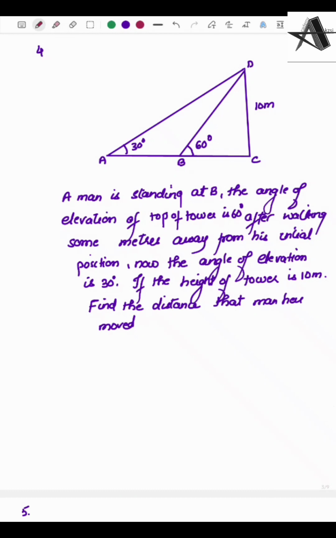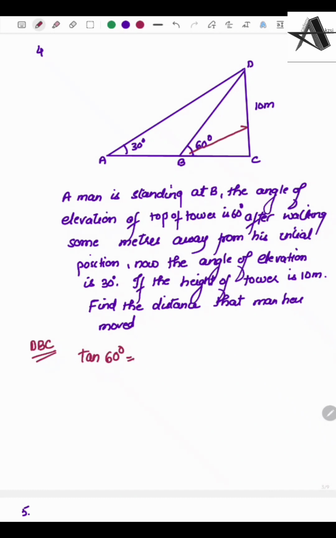So I'm taking the smaller triangle, and obviously I'll pick the triangle in which I have the maximum known variables. Though in both the triangles we have the same kind of information, so I can pick any one. But let me start with the smaller one, which is DBC. So tan 60 degrees, applying in DBC. Tan 60 is opposite over adjacent.